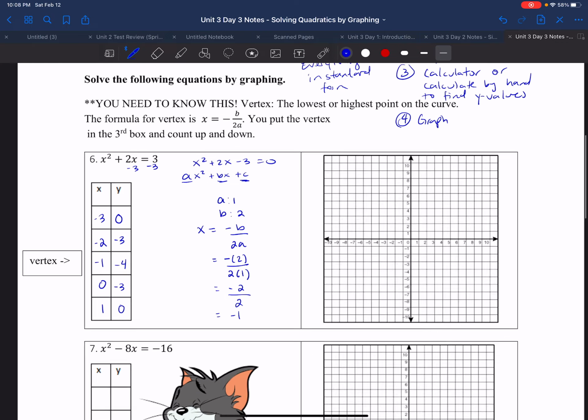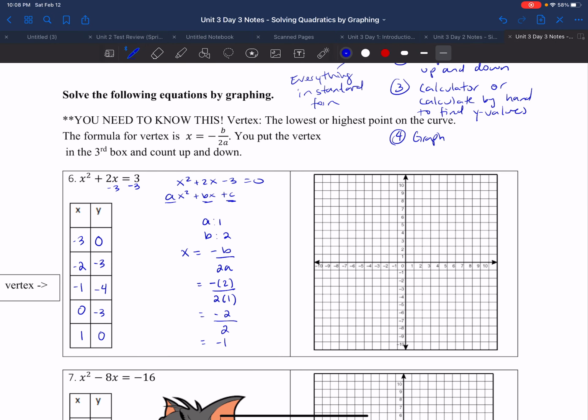So then, what I'm going to do is I'm going to go ahead and plot everything here. All right, let's see. So I like to start off with my vertex because why not? Negative 1 is right here. So negative 1 comma negative 4, I put that there. And then 0 comma negative 3 is right there.